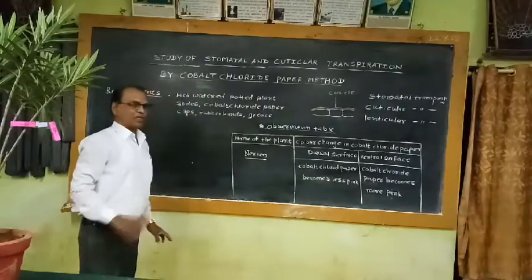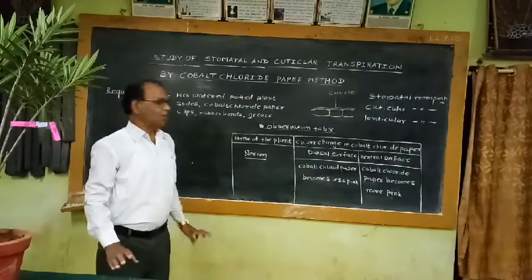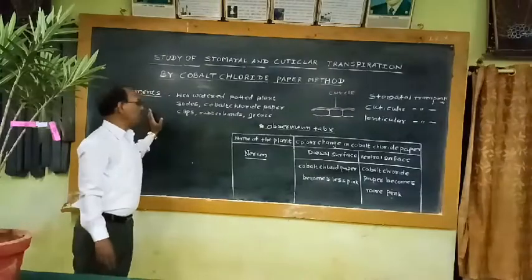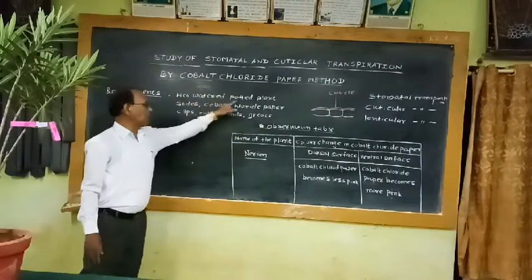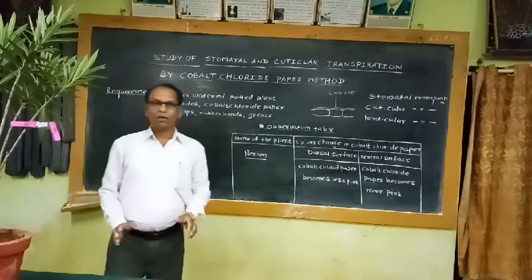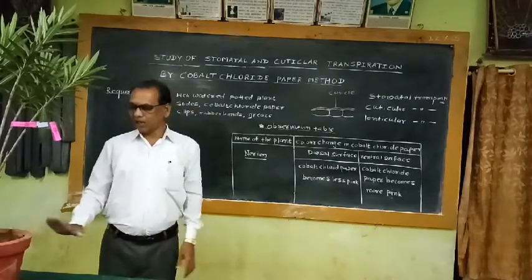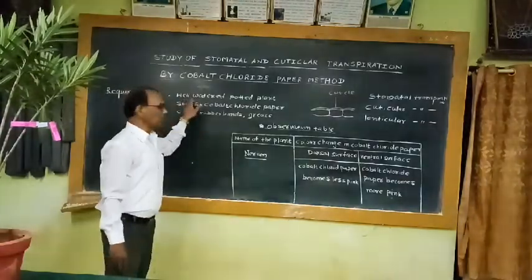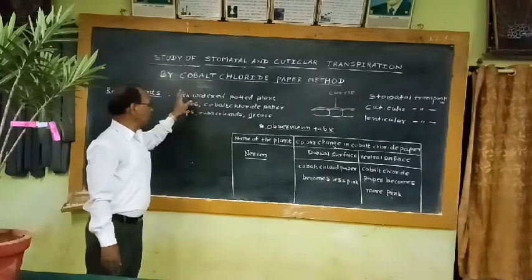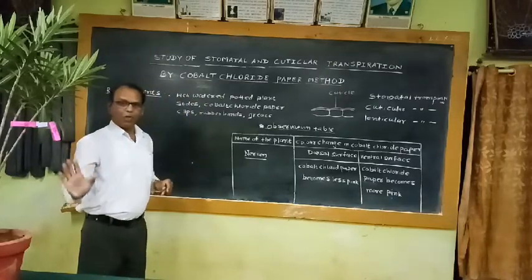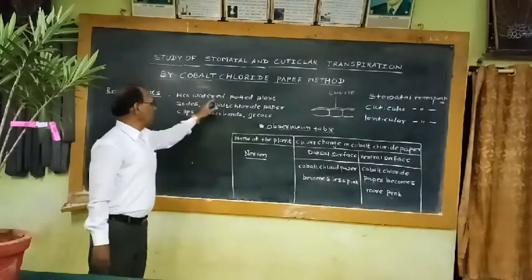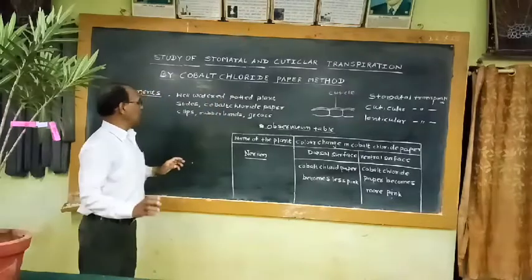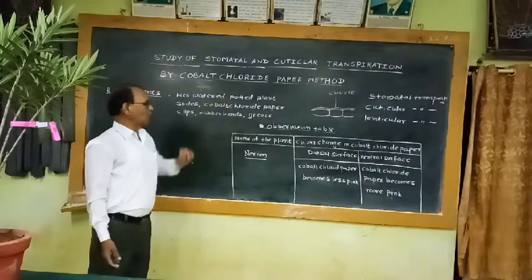So what do we require for performing this experiment? We require a well-watered potted plant, that means a plant cultivated in a pot. You should water this pot, and this well-watered potted plant is used for demonstrating or observing stomatal and cuticular transpiration.